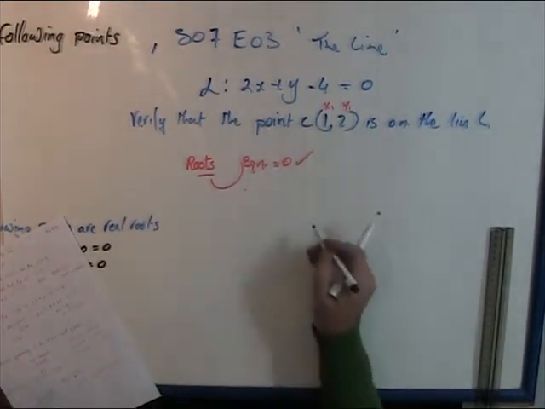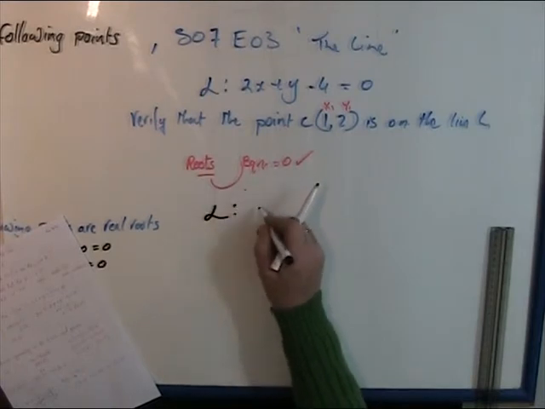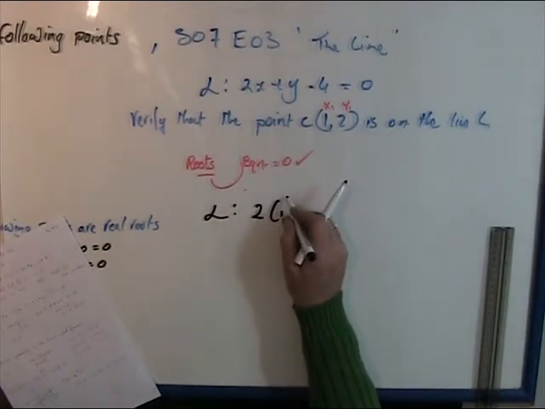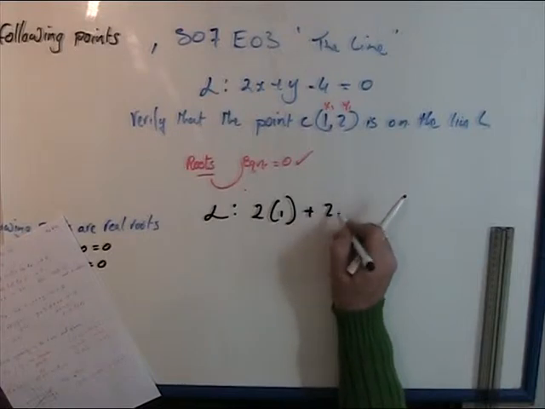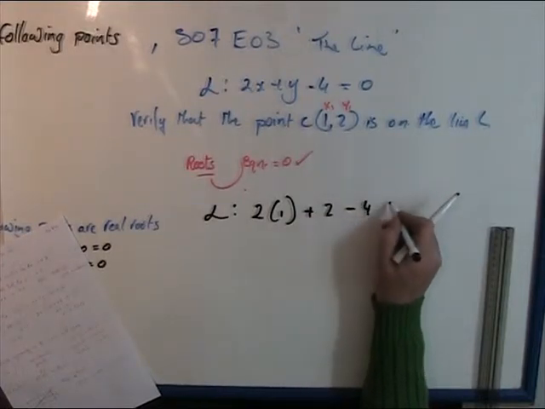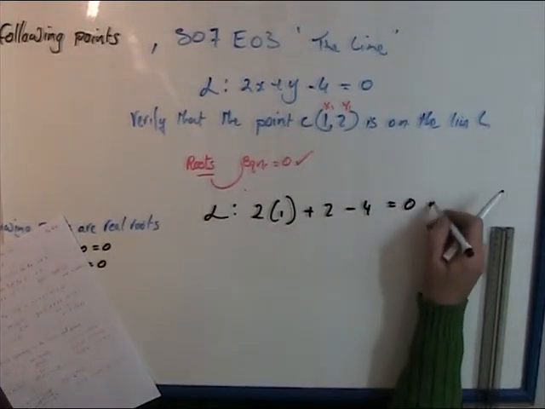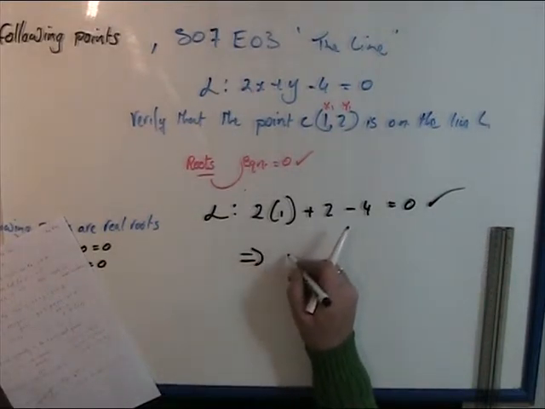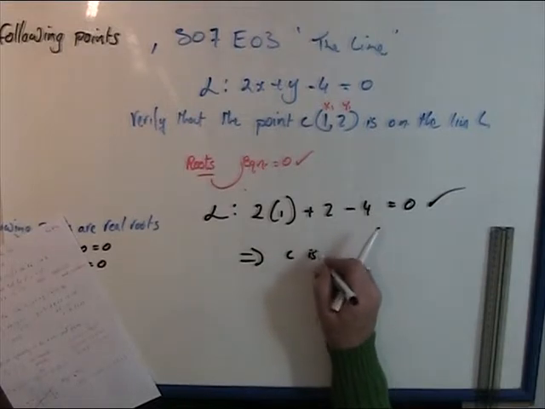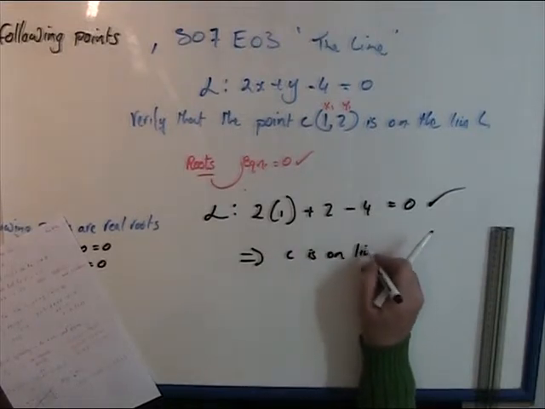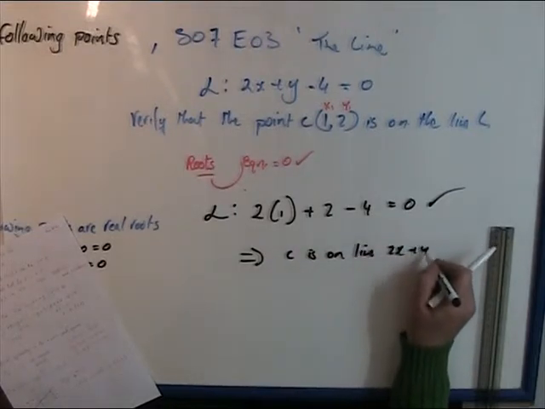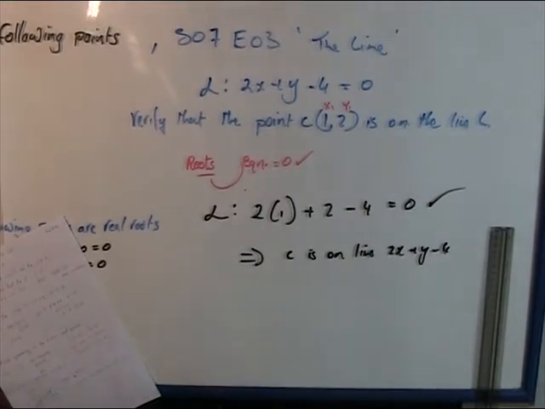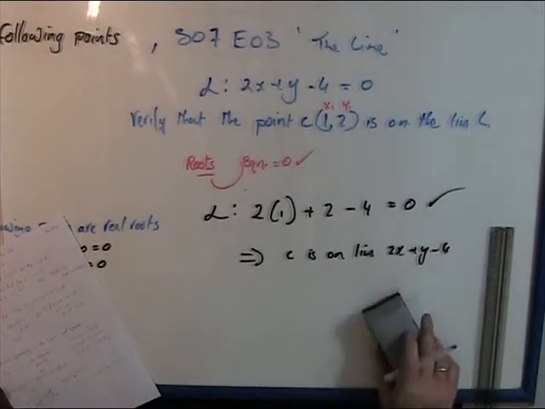We put it into the equation L: 2 times 1 plus 2 minus 4. Is it equal to 0? Yes. Therefore, this implies C is on the line 2x plus y minus 4.